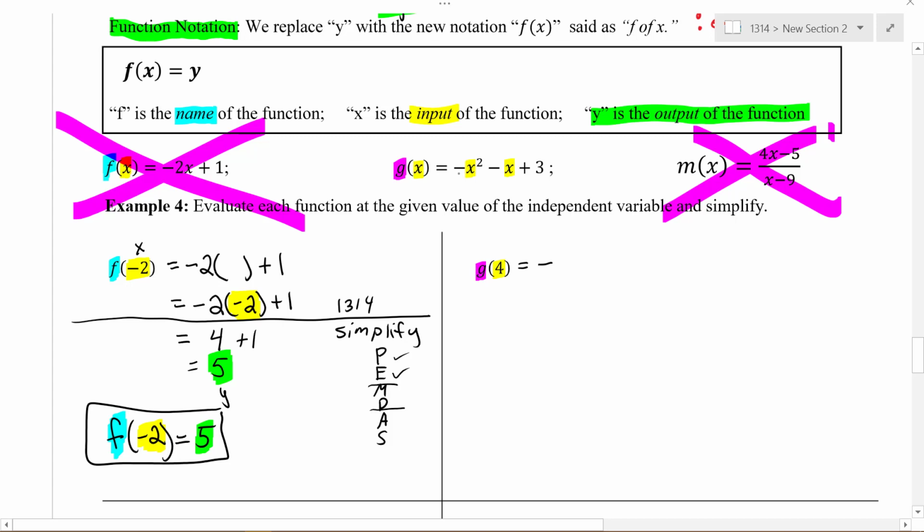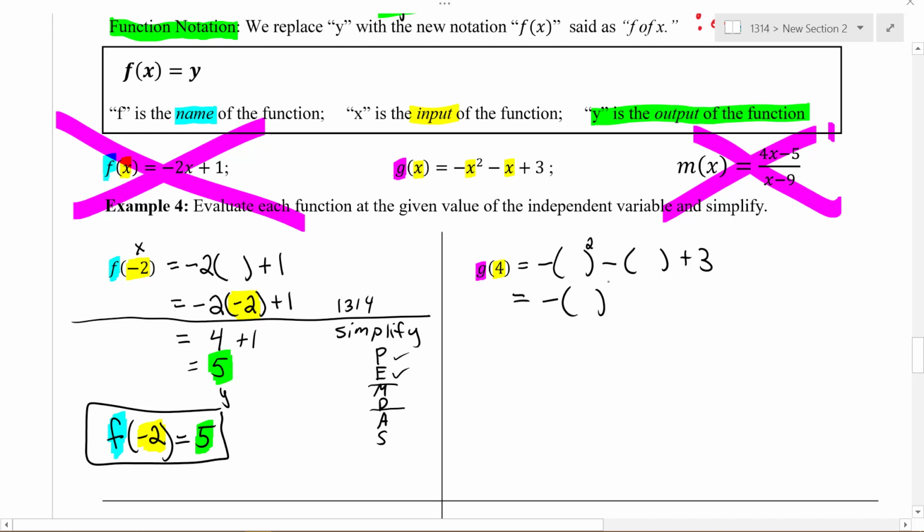So negative x in parentheses squared, put a square on the parentheses. I want you to see what I'm doing, and I want you to practice replacing all of the x's with parentheses. It turns out to be really important that you can practice doing that. Negative, and then x in parentheses plus 3.